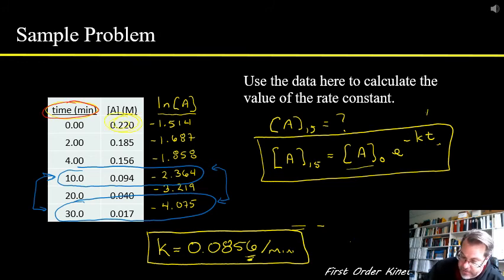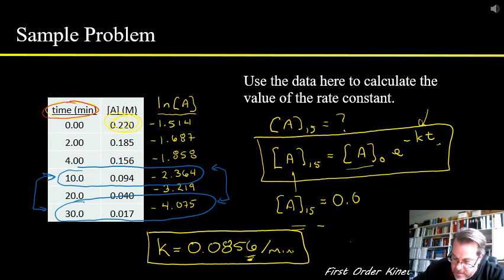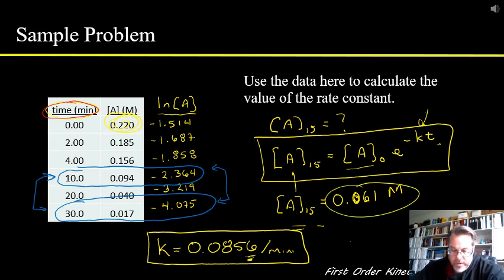We just calculated k using the log data, and so now you have everything you need to calculate the concentration of A at 15 minutes. And if you go through that, at 15 minutes the concentration is 0.061 molar. You might take a minute, give that a shot, and see if you get the same result.